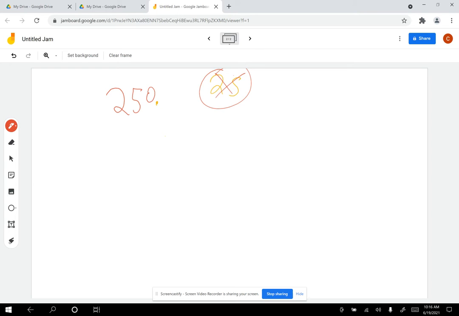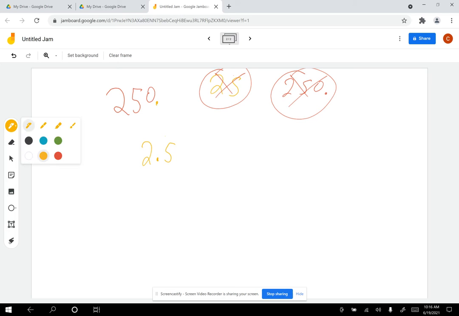If I write 250, once again, unacceptable. So instead, what I'm going to do is I know my decimal that I have to create will be 2.5. Now, what do I do? I will explain.